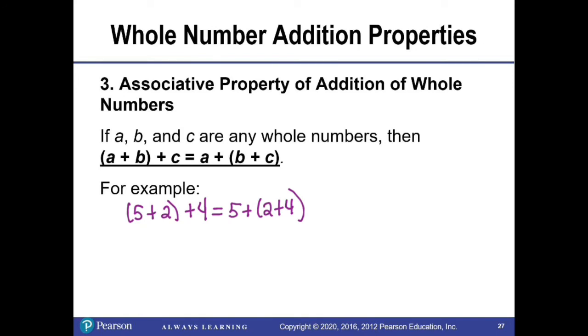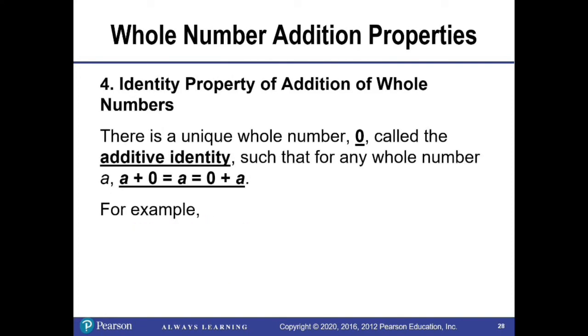We always start with parentheses, so on the left side, 5 plus 2 is 7, and on the right side, 2 plus 4 is 6. 7 plus 4 is 11, and 5 plus 6 is 11. So when I change grouping 5 and 2 on the left side to grouping 2 and 4 on the right side, I still got the same answer.